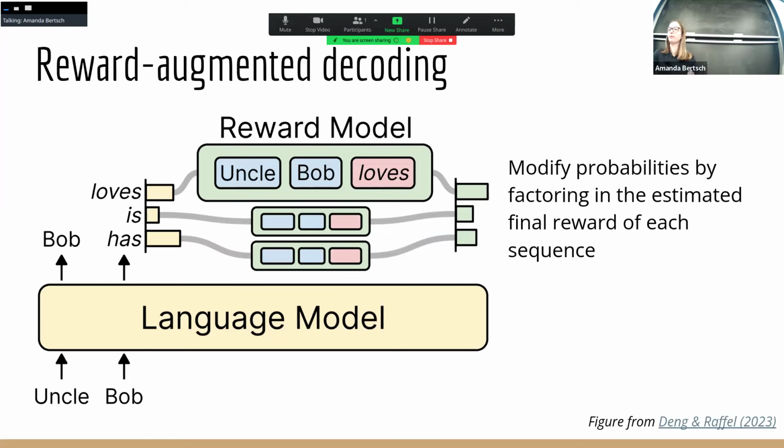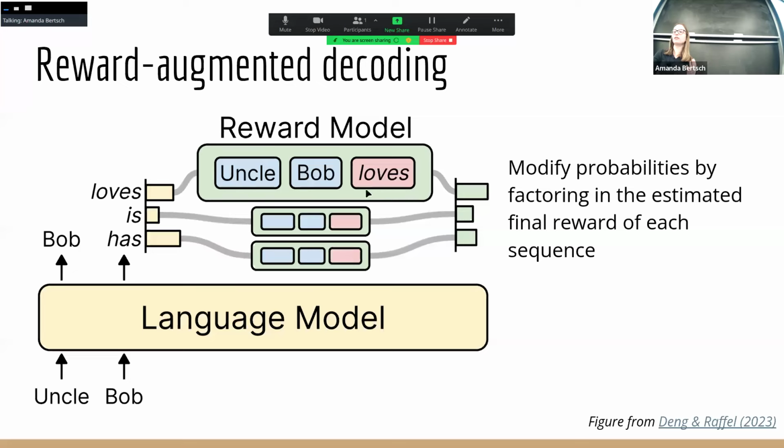So this is a paper from last year called Reward Augmented Decoding. And the idea here is in the same conceptual class as FUDGE, but instead of predicting whether we're likely to satisfy the constraint, we're predicting how much reward we think that sequence will have at the end of generation. So we take our original model without doing any RLHF, and we get the predictions for the next token, and then we use a model that's been trained to predict the likely reward given some prefix, like a future discriminator.